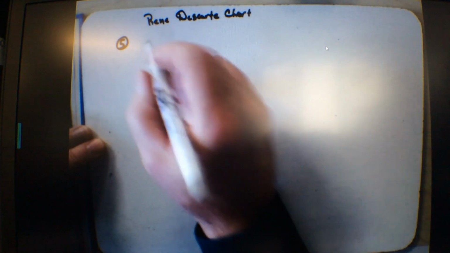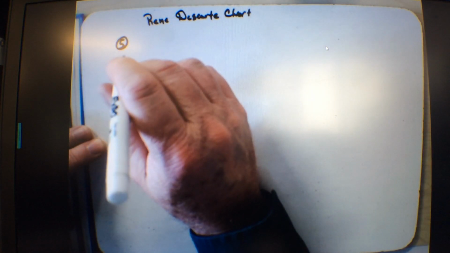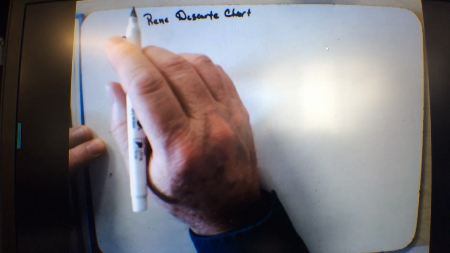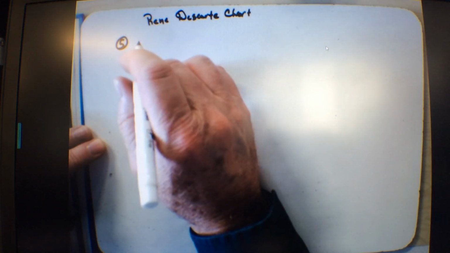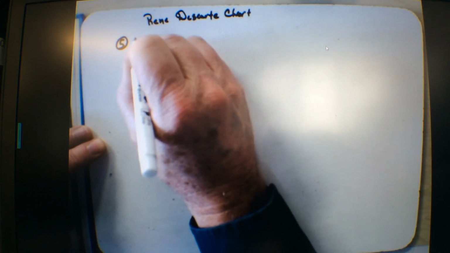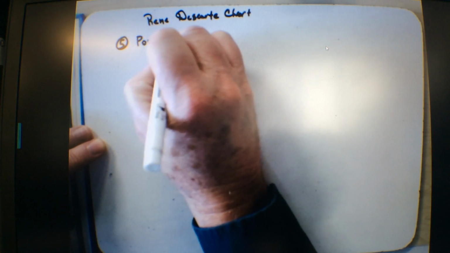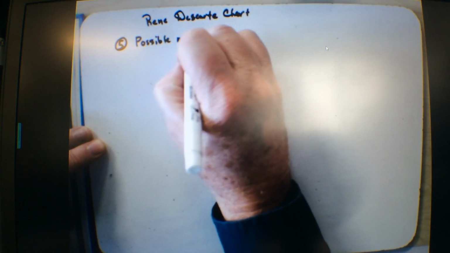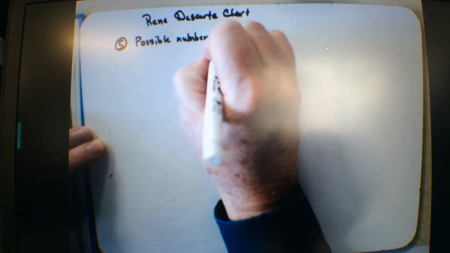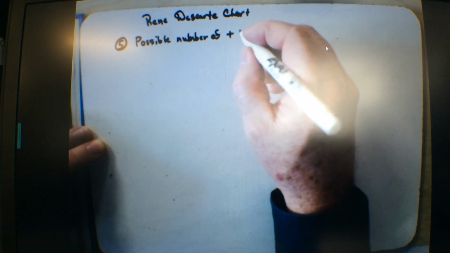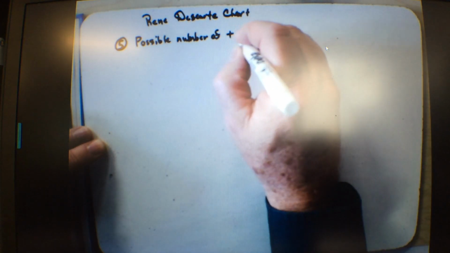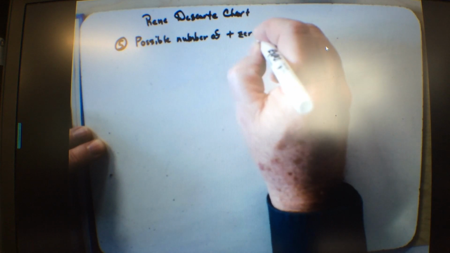What I want you to do is to find the possible number of real zeros, negative zeros, positive zeros, and imaginary zeros. So we're going to find the possible number of positive zeros. These are real zeros.